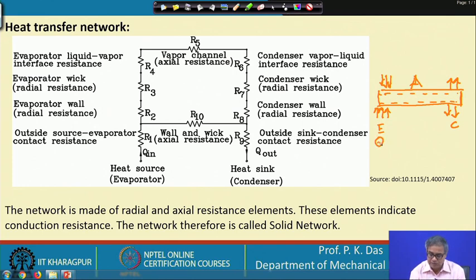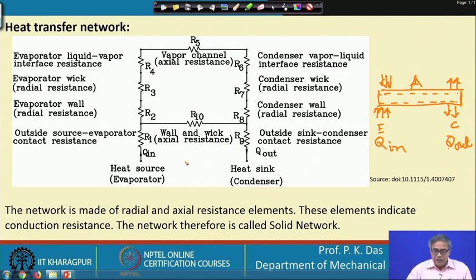Okay. So, this is your Q in and this is your Q out. For Q in and Q out we can see that there are two paths. Either the heat is flowing from this path, so that outside heat is taking one path and again going back to the environment surroundings, or it can take this path. R10 is the wall and wick axial resistance.